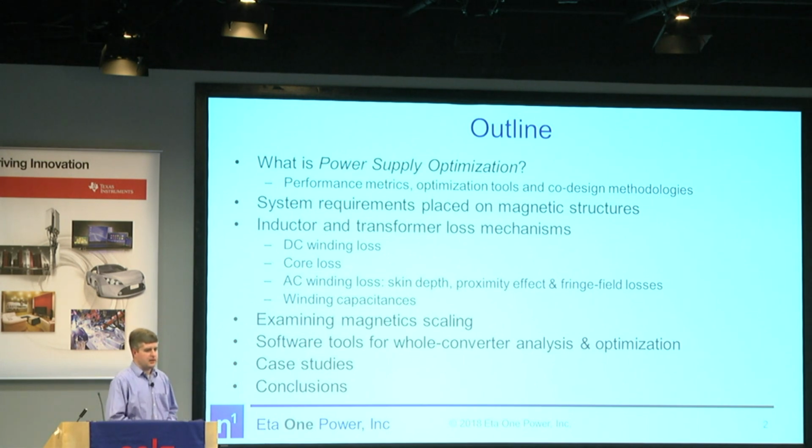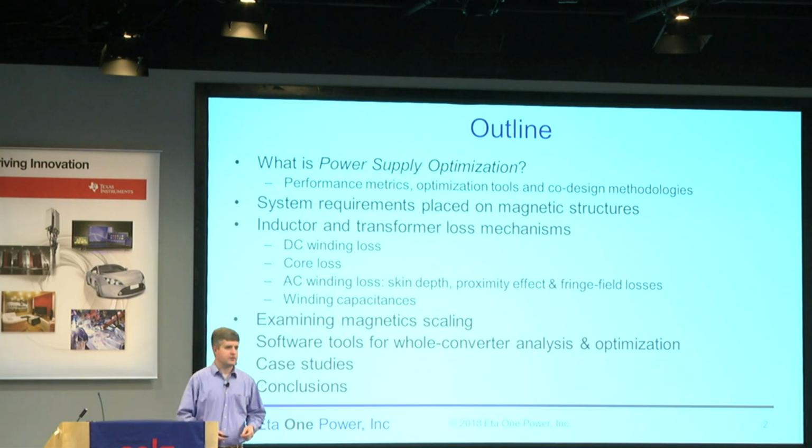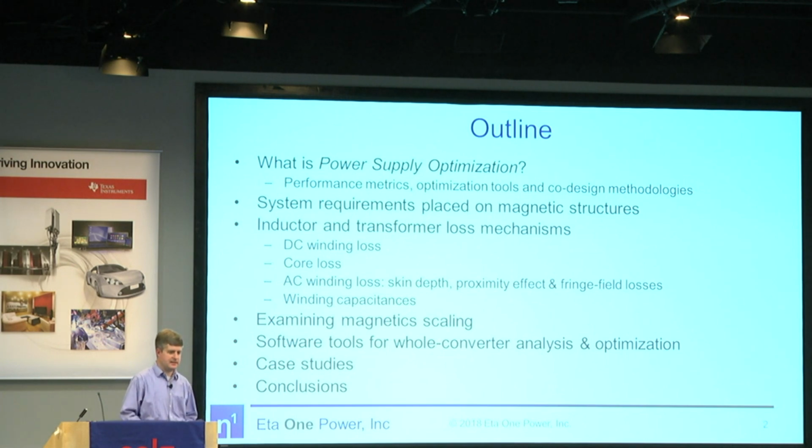We'll then look at magnetic scaling: if you increase power levels, how much larger the magnetic gets. If you increase frequency, does the magnetic get smaller, and by how much? We'll then look at software tools for whole converter analysis and optimization, including a few case studies, and then finally wrap it up with some conclusions.